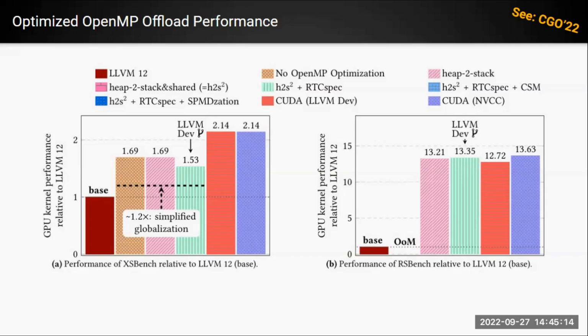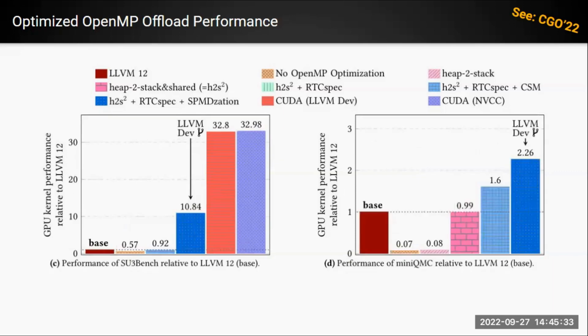And the two right bars are actually CUDA. The CUDA implementation of those two benchmarks, proxy apps, one's compiled with Clang, one's compiled with NVCC. And you see that while XSBench doesn't match it yet, RSBench actually matched the CUDA performance to the T, right?